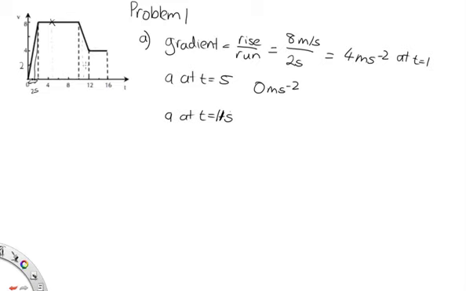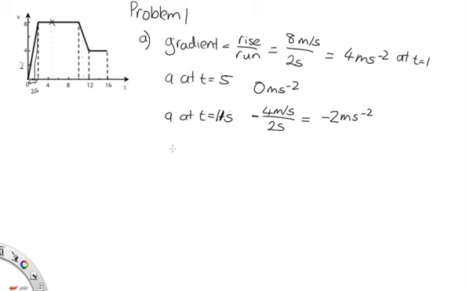So the runner is slowing down, and we'd expect that the acceleration is going to be negative. So in this case, the gradient is equal to the rise, which is 4 meters per second over the run, which is the 2 seconds, and we've got a negative sign as it's a negative gradient, the runner is slowing down. So this gives us negative 2 meters per second per second.